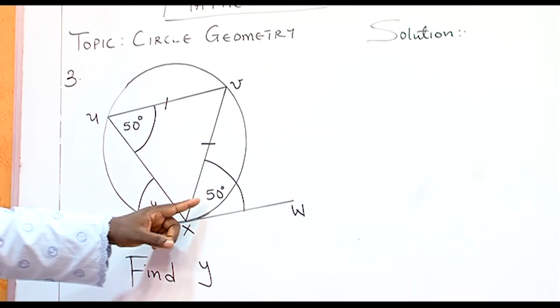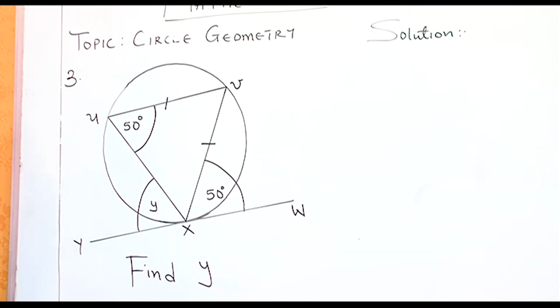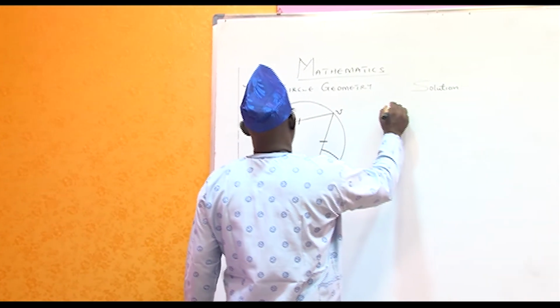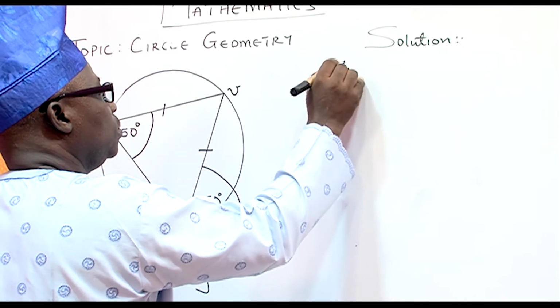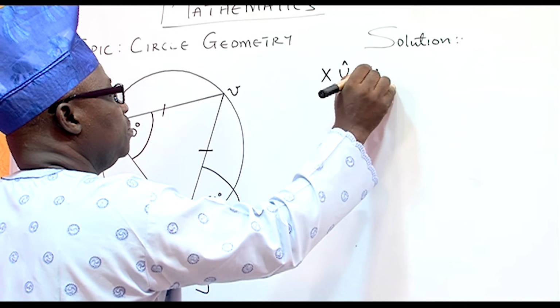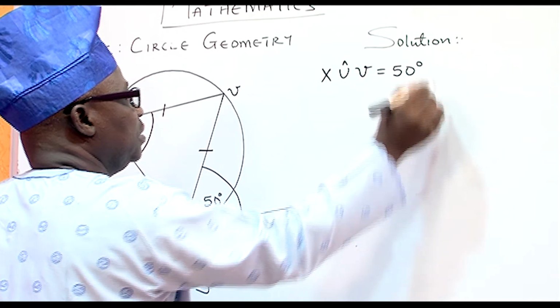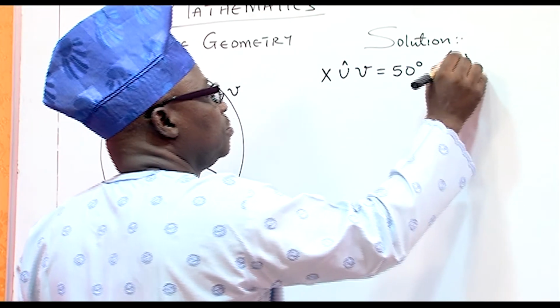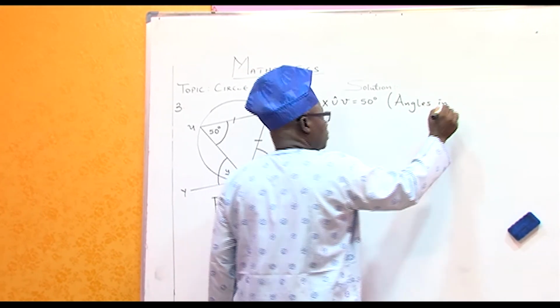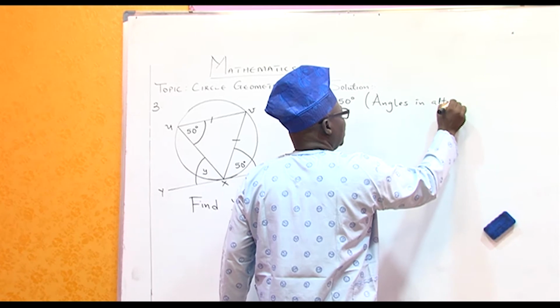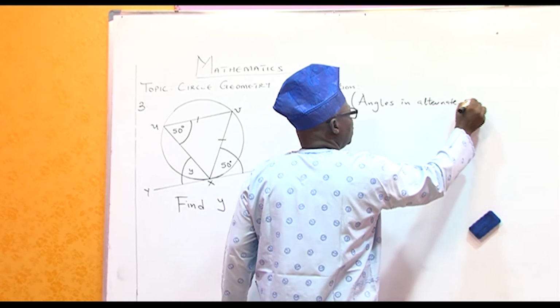They are both angles in alternate segment. So let me write it down. Angle XUV is 50 degrees. Reason: angles in alternate segment.